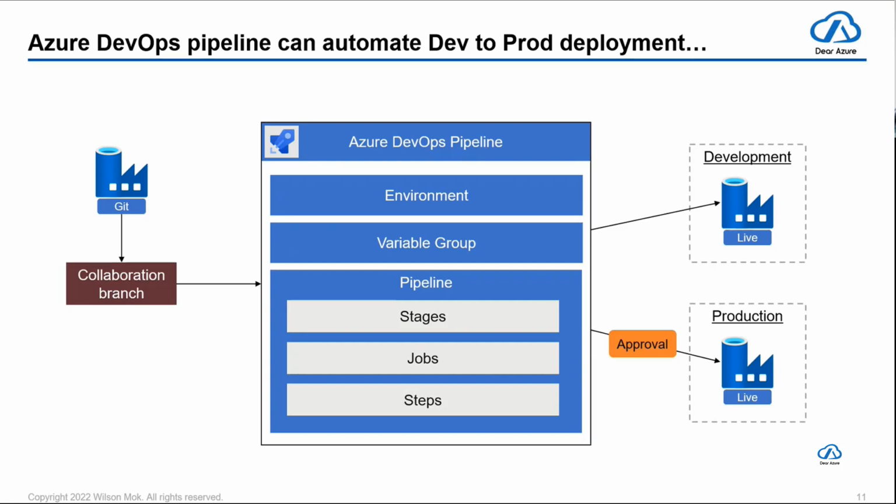Finally, the steps are the smallest units that we have, the actions that we want to take. For example, retrieving or checking out the source code from our collaboration branch would be a step. Generating the ARM template would be another step, and so would validations.